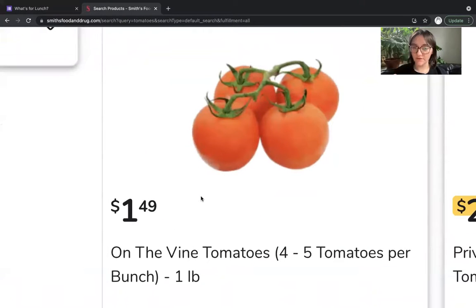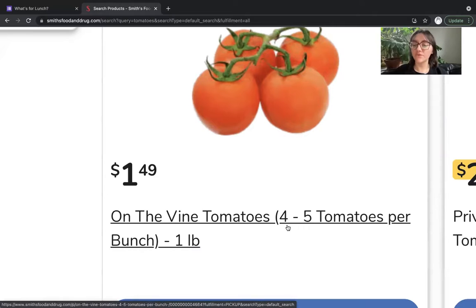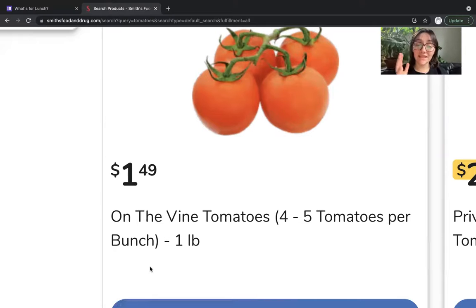How much are these tomatoes? $1.49, but for how many? What is the weight, right? So this goes by 1 pound, $1.49 a pound. And it's saying that there are 4 to 5 tomatoes per bunch, per vine, right? But it's saying that the price is based on the pound.